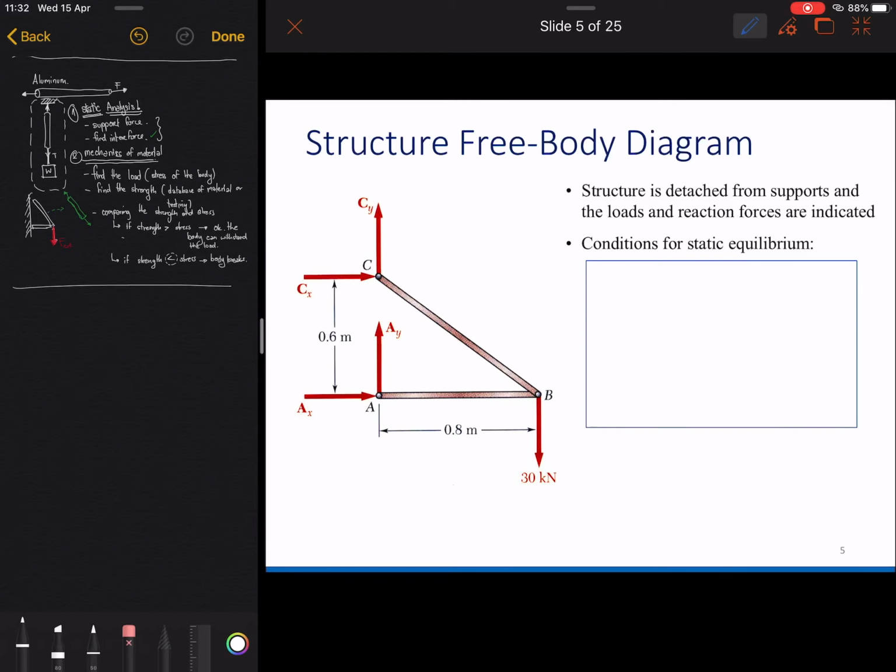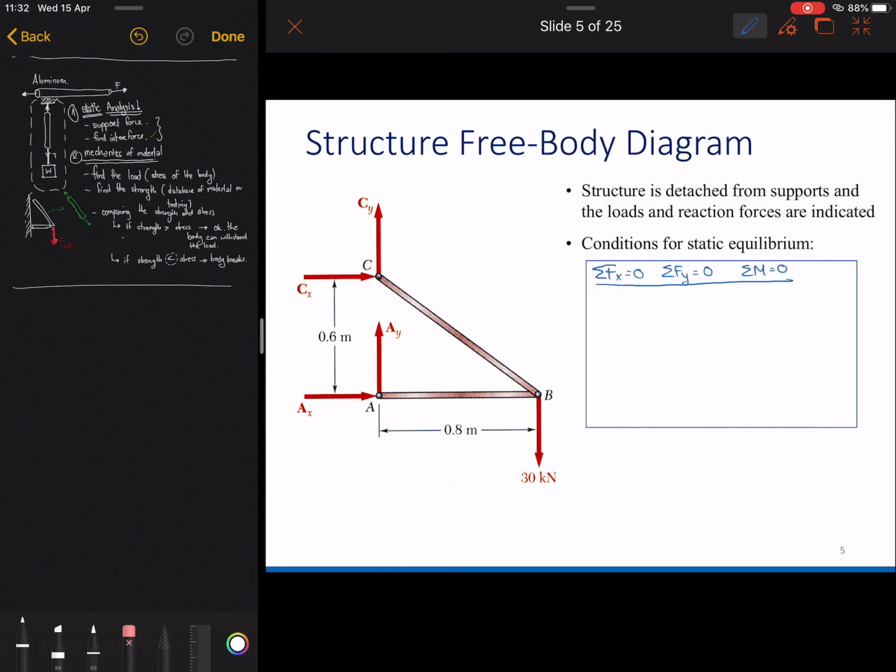Do you remember? Sigma Fx equals 0, sigma Fy equals 0, and sigma M equals 0. This is our governing equation that we will use most likely in the first step of the static.